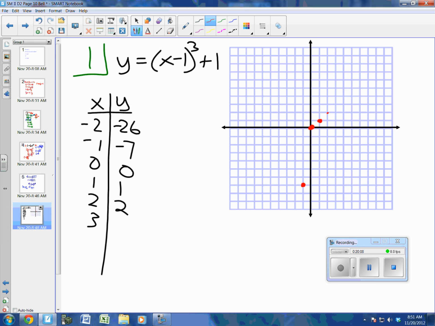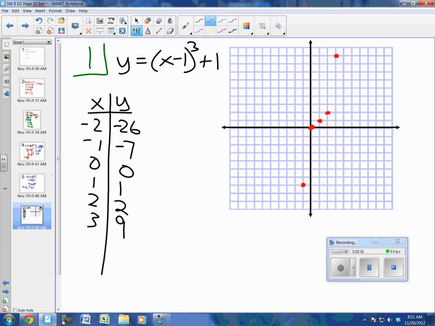So 2 comma 2 is on my graph. 3 minus 1 is 2, cubed is 8, plus 1 is 9. So I'm going to go to 3 comma 9.